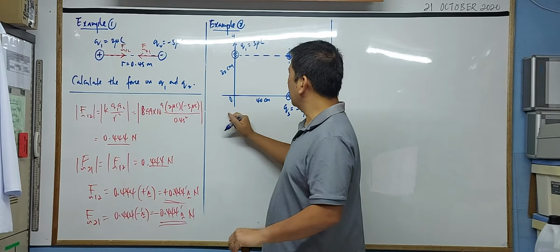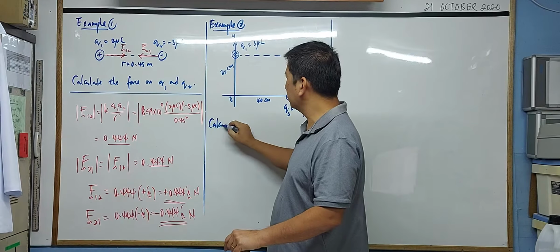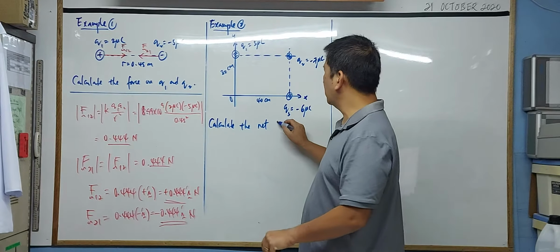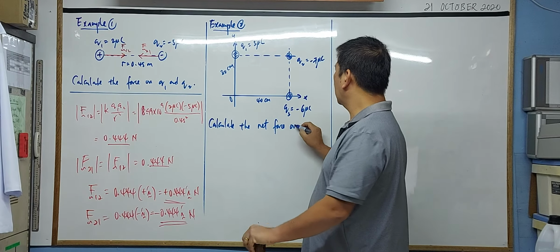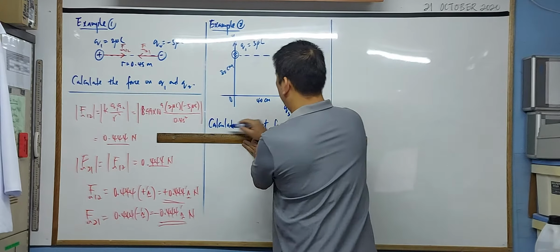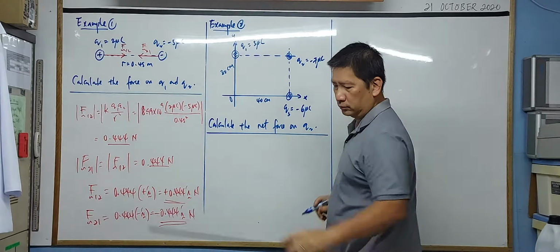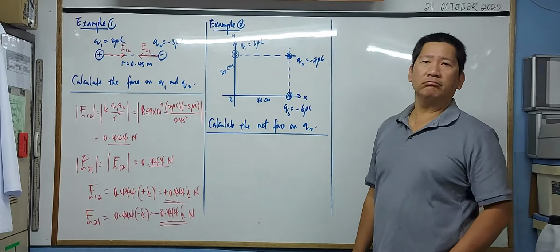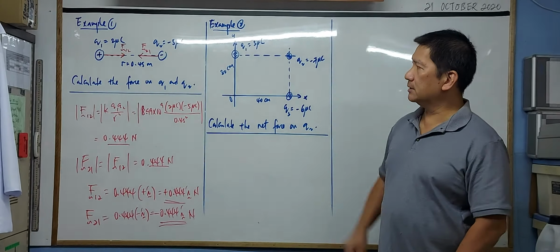The question is, calculate the net force on Q2. Right? You calculate the net force on Q2. So the question is already given. Do like what you did before in example 1.